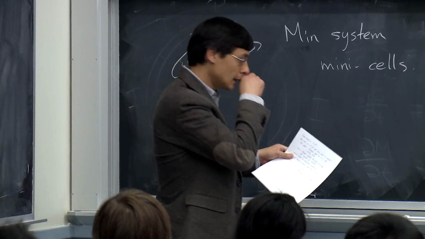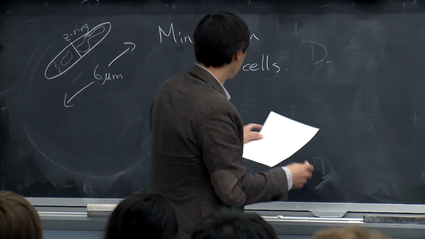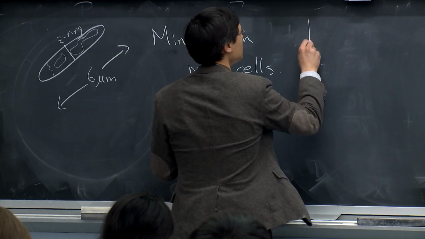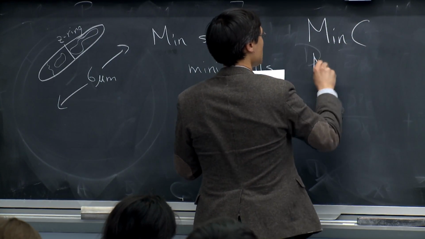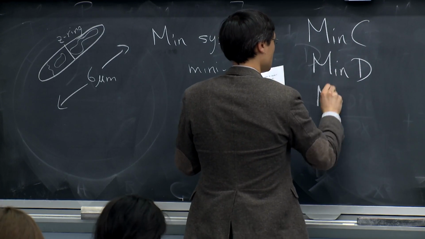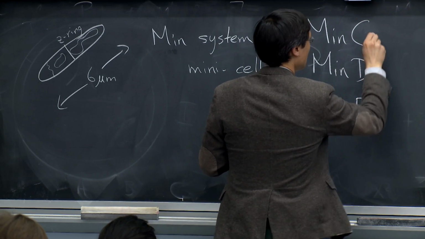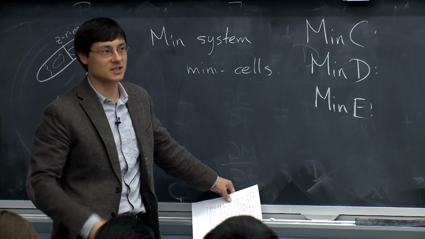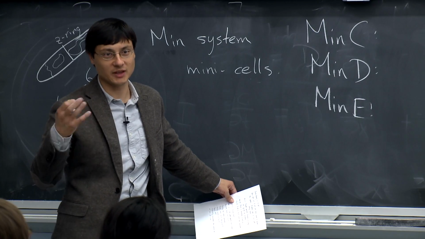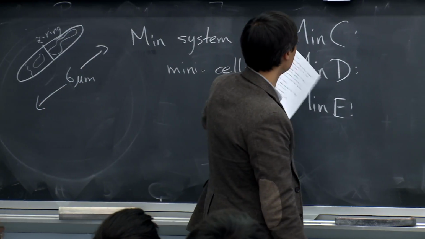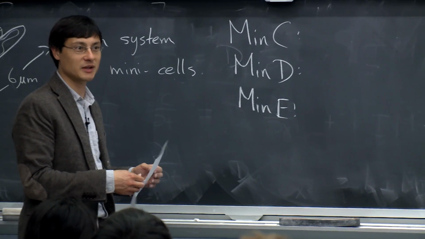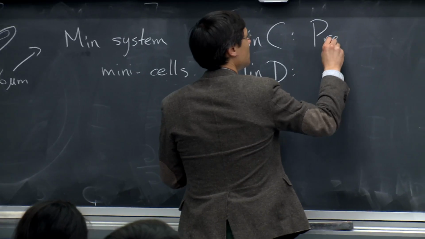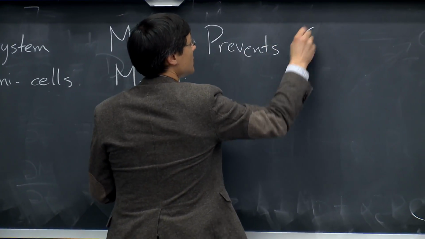But these are the so-called mini cells that happen if you have mutations in the MIN system. Now, I think the 3 players are MIN C, MIN D, and MIN E. I think that MIN A and MIN B ended up not actually existing, in the sense that they identified the mutants, but then they were wrong about something. So the 3 that actually ended up being involved in the MIN system are C, D, and E. This MIN C prevents formation of the Z ring.